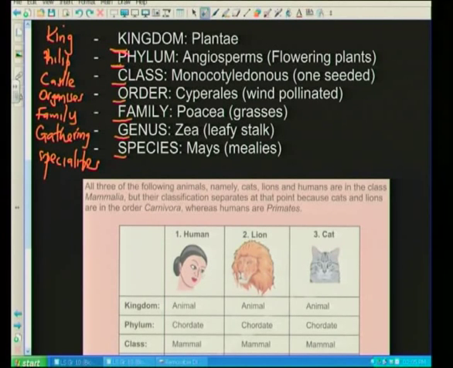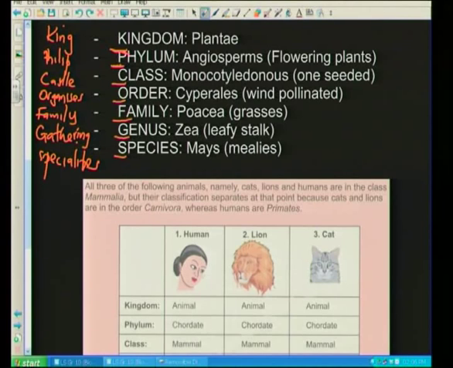So for king, it's kingdom. For Philip, we say phylum. Castle stands for class. Organizers is for order. Family is family. Genus, gathering, and specialities.